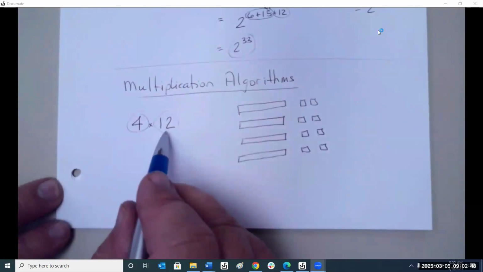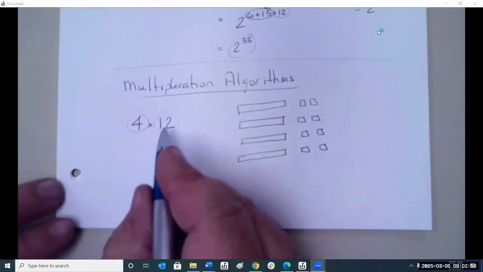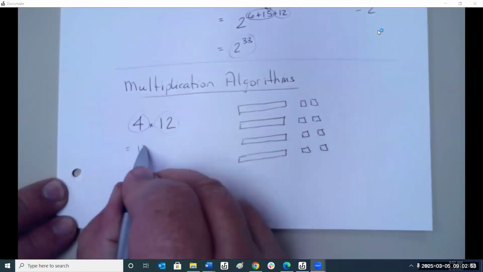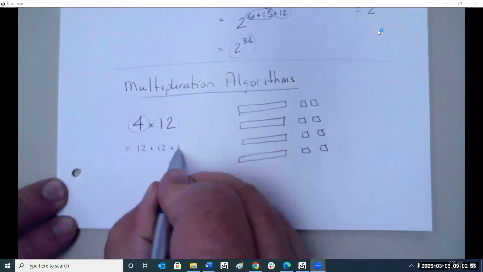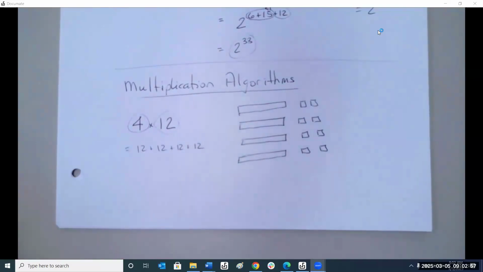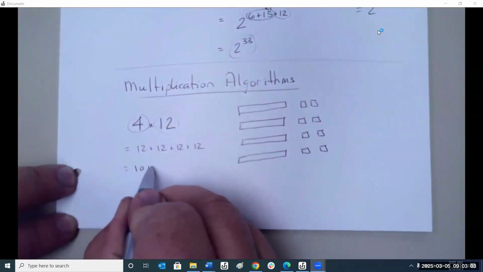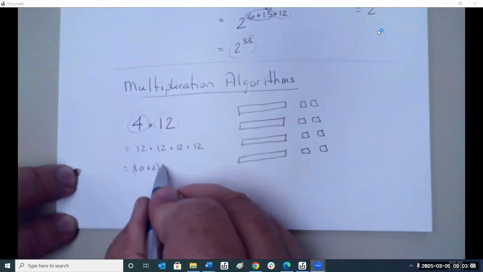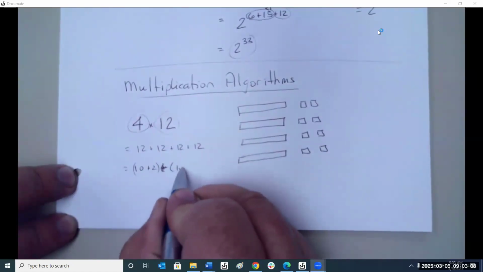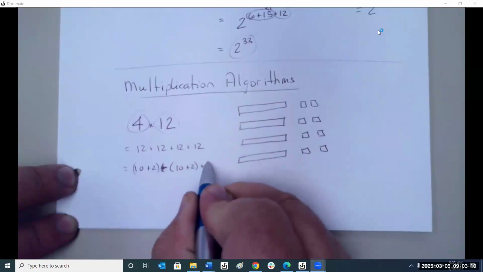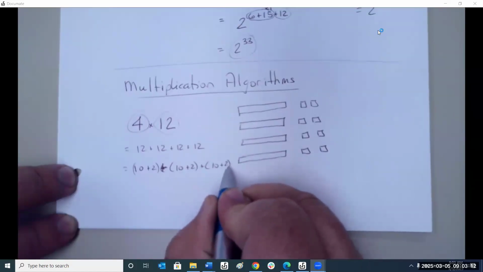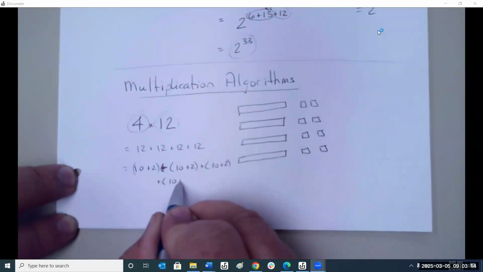Remember, multiplication is a series of additions, which is what this is telling us. It's 12 plus 12 plus 12 plus 12. Which is really 10 plus 2 plus 10 plus 2 plus 10 plus 2 plus 10 plus 2.